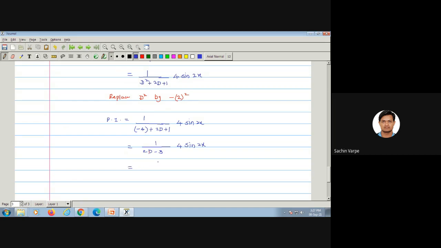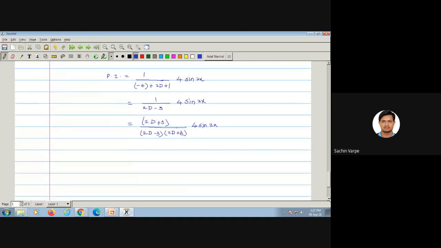On rationalizing the denominator, we get 2D plus 3 upon 2D minus 3 into 2D plus 3, 4 sine 2x. That is equal to 2D plus 3 upon 4D square minus 9, 4 sine 2x.